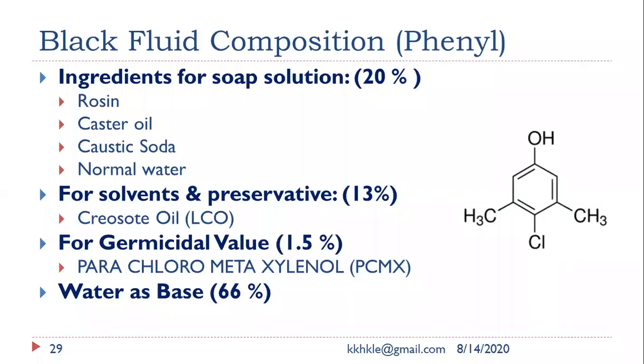As a preservative, we use LCO. As a disinfectant, we use 1.5% parachlorometaxylenol, which is mainly used as the disinfectant here. Water is used as the base, which will be 66%. This is how the formulation of black fluid phenol can be prepared, which is what we regularly use at the household.